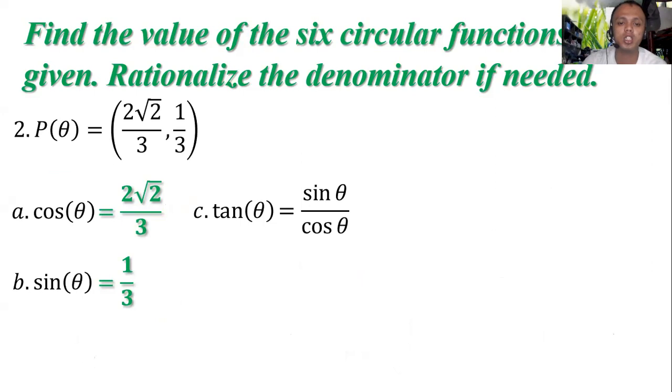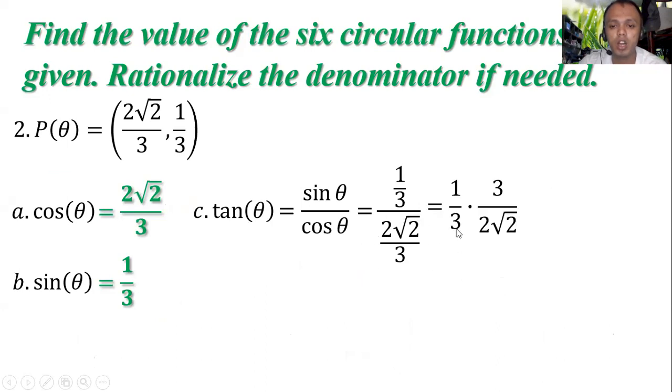Since your tangent theta is equal to sine theta over cosine theta, then we have your sine theta 1/3 over your cosine theta 2 times square root of 2 over 3. Get the reciprocal of this one. We have 1/3 times 3 over 2 times square root of 2. Cancel this out, no? Then we have 1 over 2 times square root of 2.